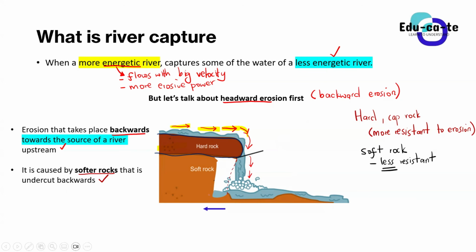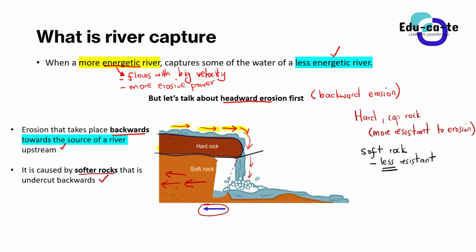It was eroded in which direction? Backwards, like in the opposite direction to the flow of the river. If you look at this arrow, it describes what this soft rock is doing. It is being eroded in that direction. The water is eroding the soft rock, or removing the materials, towards that direction.